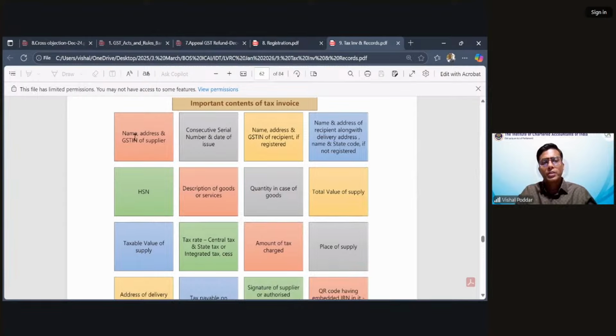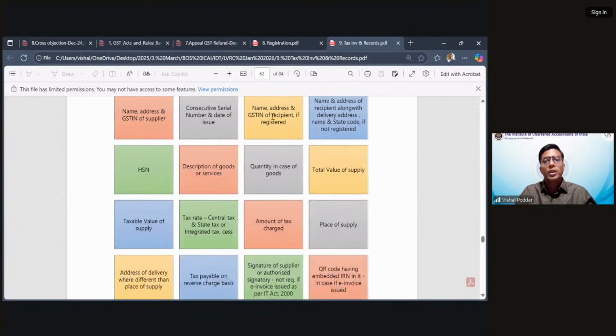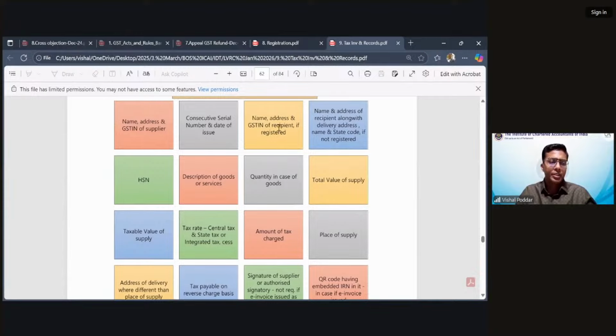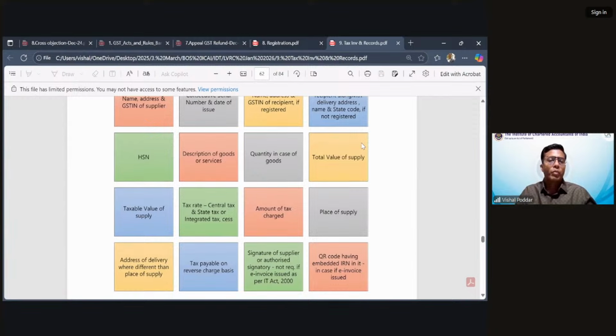Obviously, the first thing is name, address, GSTN of the supplier, serial number and the date of invoice, then the name and address of the recipient, and if the recipient is registered, even the GST number. Then the next is name and address of the recipient along with the delivery address, name and state code if the recipient is unregistered. So for an unregistered recipient, you also have to provide the state code.